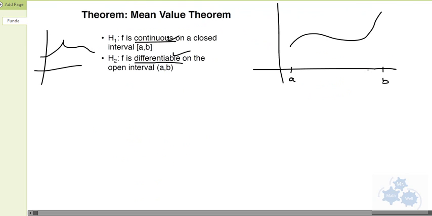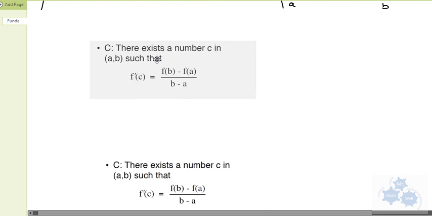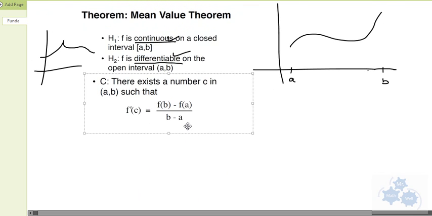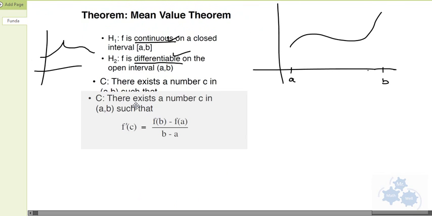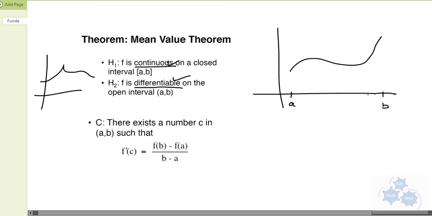All right, so if that happens, this right here, and I'm going to bring this up into the main body of the notes a little bit, this C right here, this is actually the theorem. Okay, this is the conclusion. And I'm going to take a few minutes just to explain what this means.